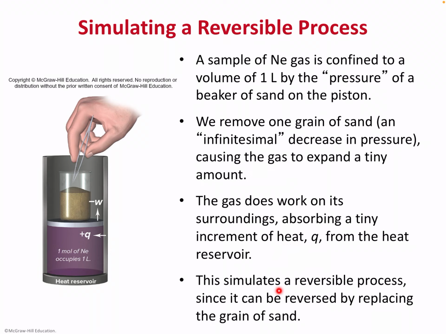This simulates a reversible process, since it can be reversed by replacing the grain of sand. If you put the grain back, then the pressure will increase and the volume will decrease, and instead of absorbing heat, it would release a little bit of heat. So that is a reversible process.